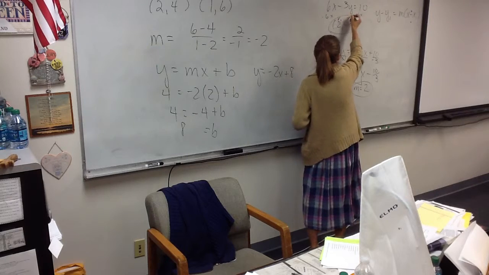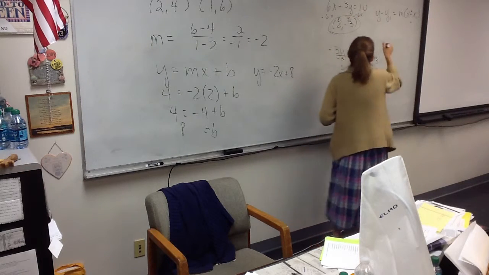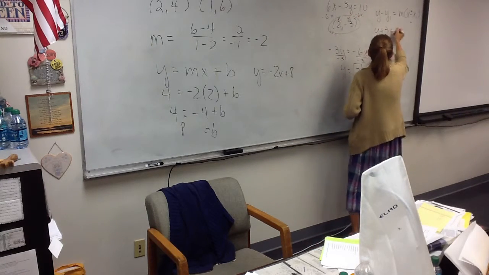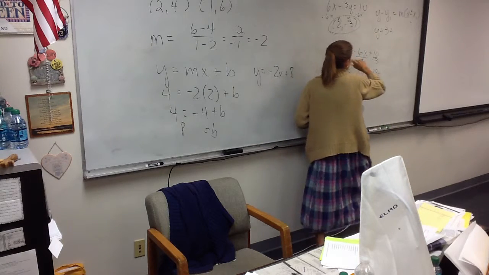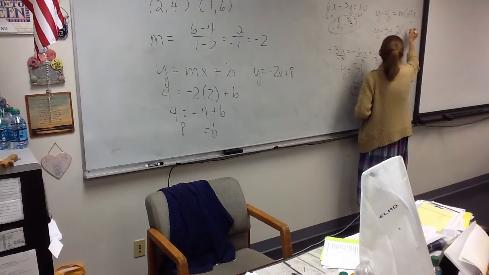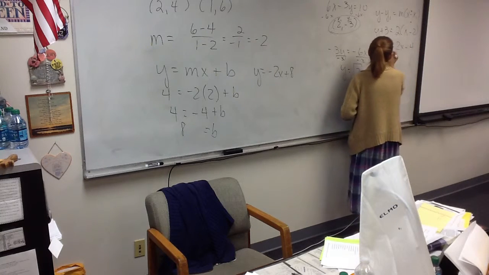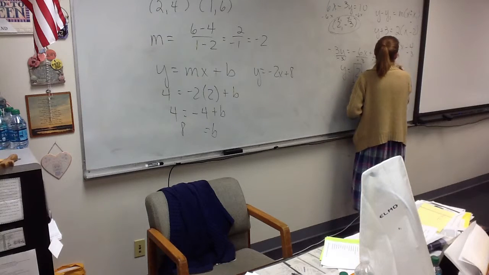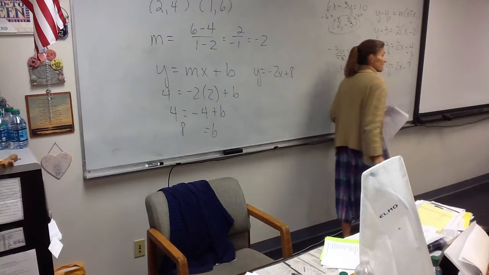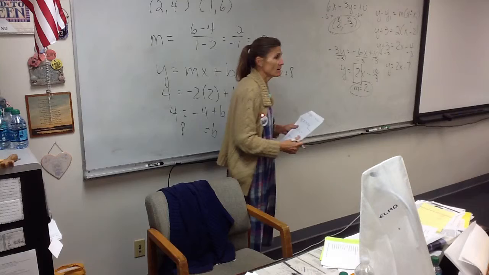This is x1, y1 now. So y plus 3, because it's minus a negative, equals 2x minus 2. So y plus 3 equals 2x minus 4, subtract 3, y equals 2x minus 7. Bryce, you okay with that now?